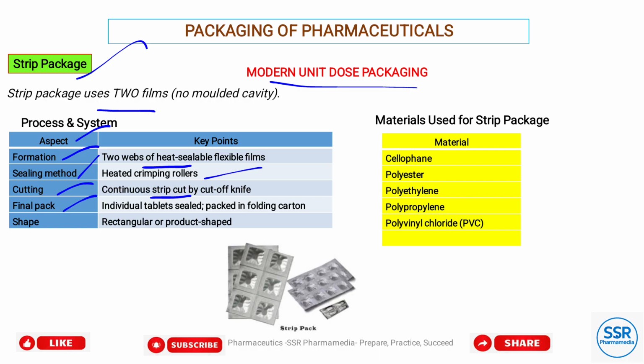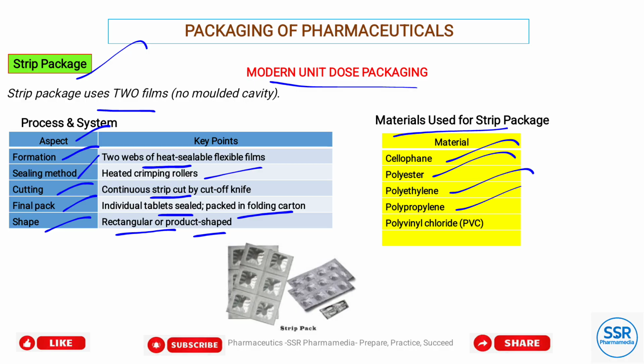Final pack: individual tablets are sealed, packed in folding carton. Shape: rectangular or product shape, easily formulated according to the product shape. Material used for strip packaging: cellophane, polyester, polyethylene, polypropylene and polyvinyl chloride. These are all the materials used for the preparation of strip packing.